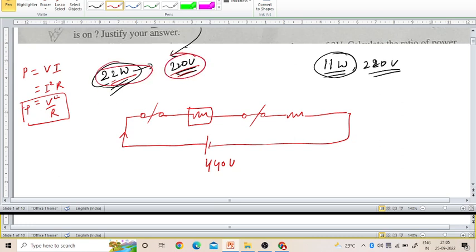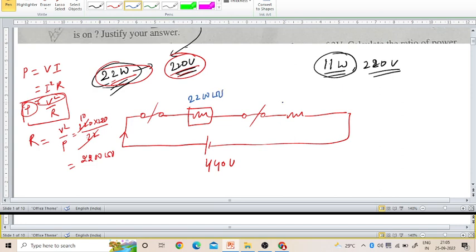So we use R equals V square by P: 220 into 220 divided by 22. This simply cancels out and we are left with 2200 ohm.